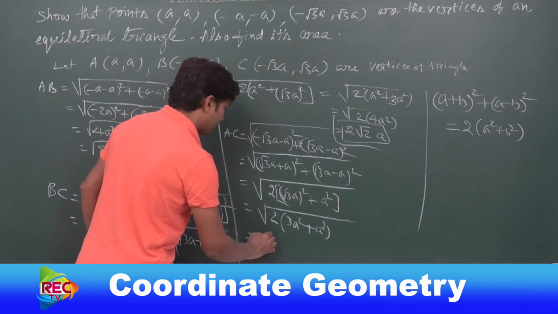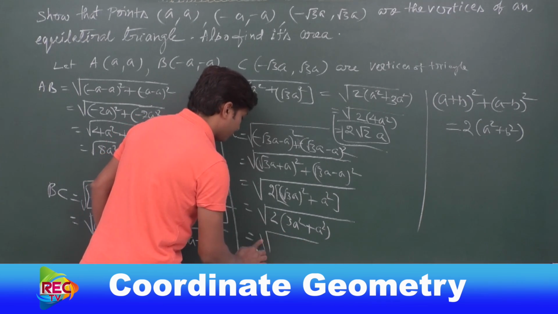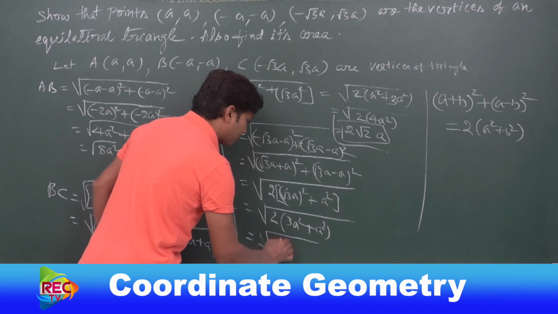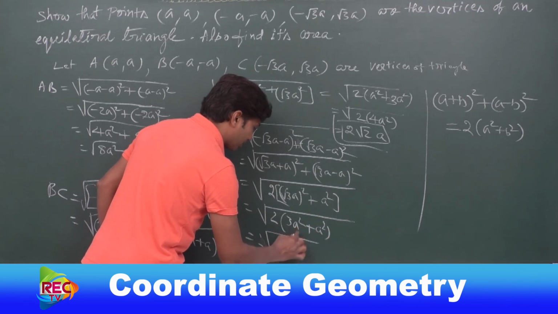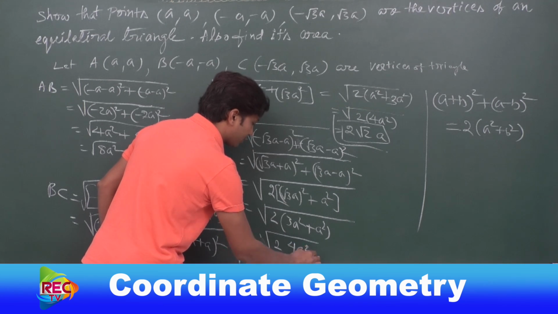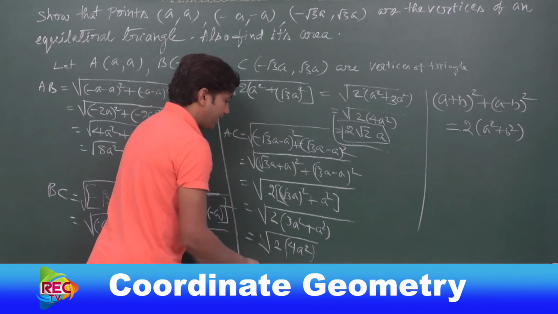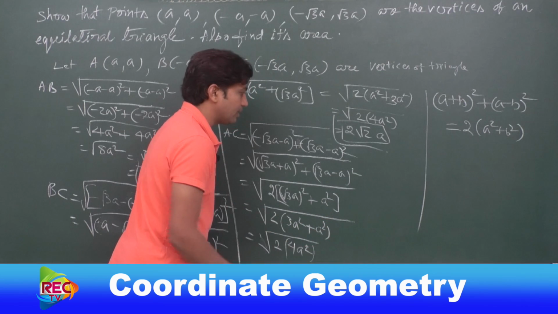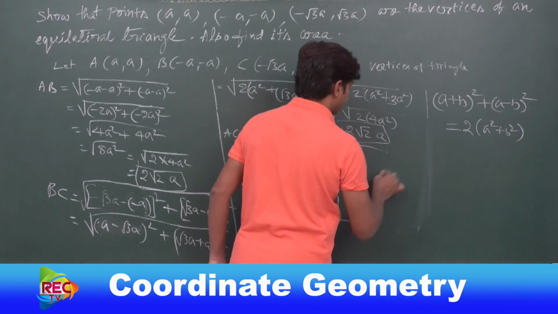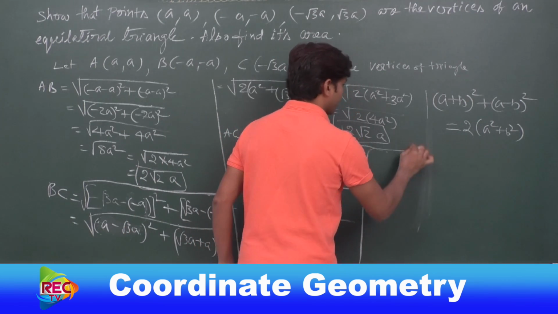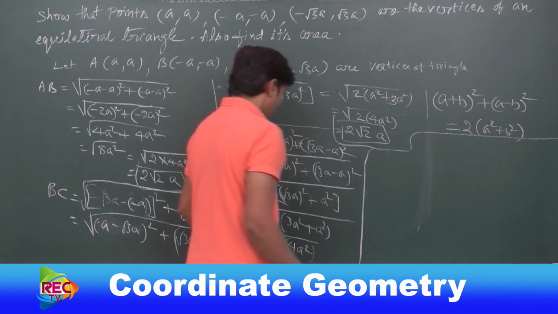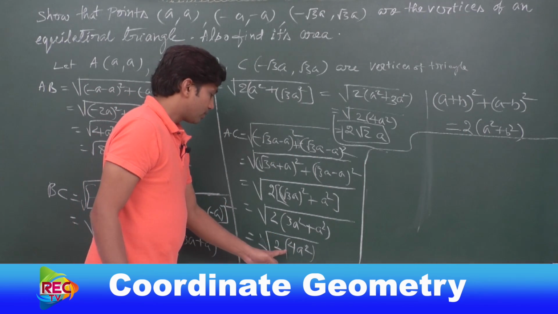So how much is that? Under the square root, 2 into this is 4a²; 3a² plus a² would be 4a². Now 4a² can be taken outside the root.